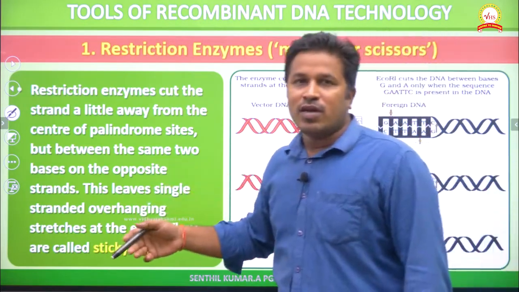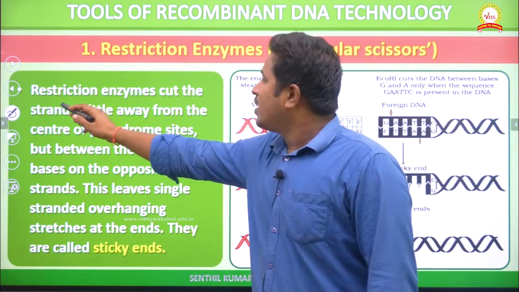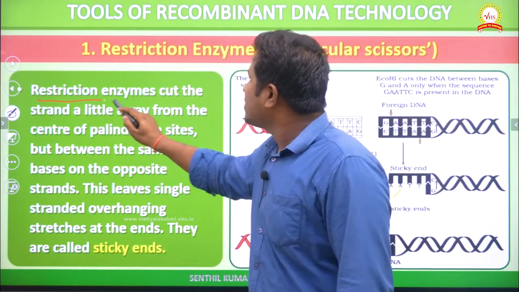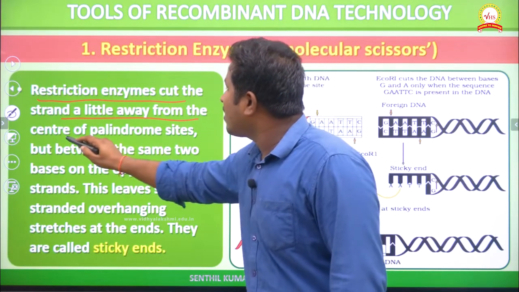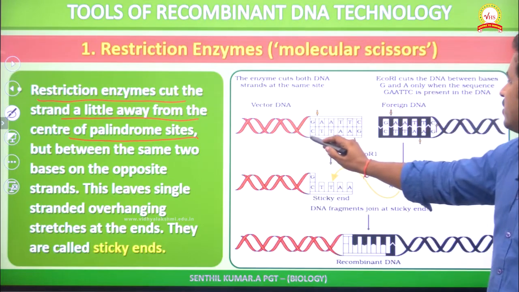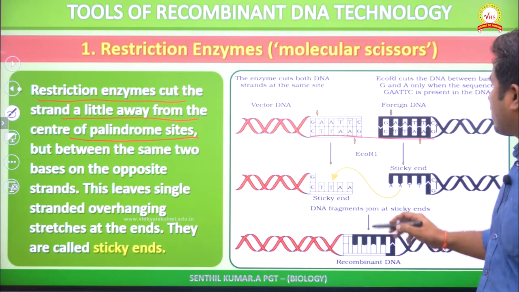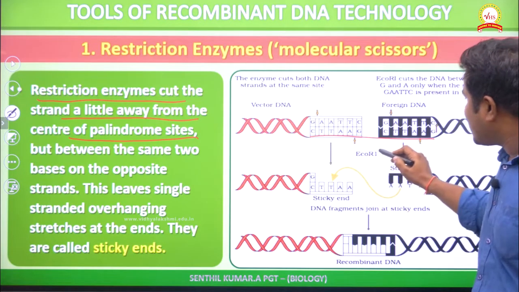And already we said we are going to deal with the sticky end. Now let us see: the restriction enzymes cut the strand a little away from the center of the palindromic site. See here, this is the sequence, and the enzyme recognizes the particular sequence and does not cut at the center.